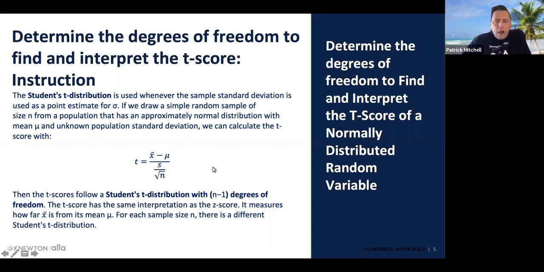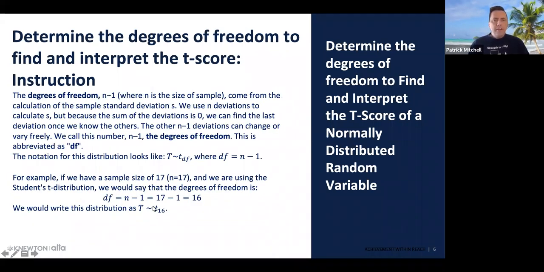So in the case where we're using S as an approximation for sigma, this gives us a different distribution. This follows a student's t-distribution with n-1 degrees of freedom, and we'll talk in a moment about what that means. The t-score, though, has the same interpretation as the z-score. It measures how far x bar is from the mean mu. For each sample size n, there is a different student's t-distribution.